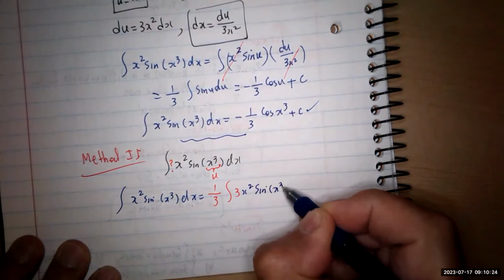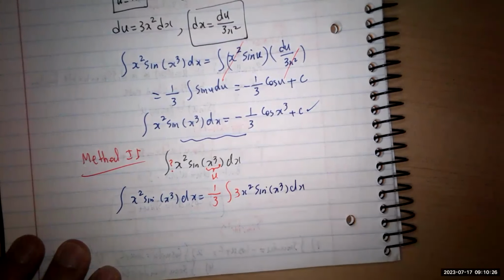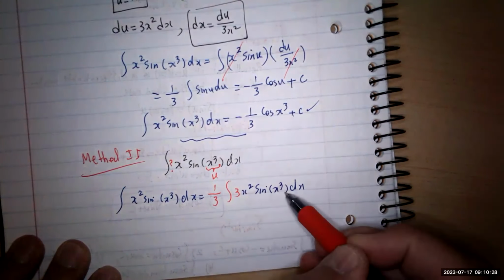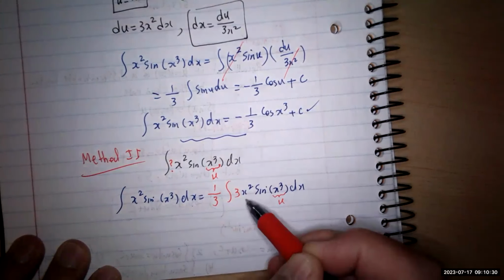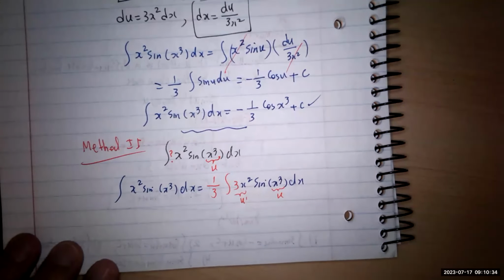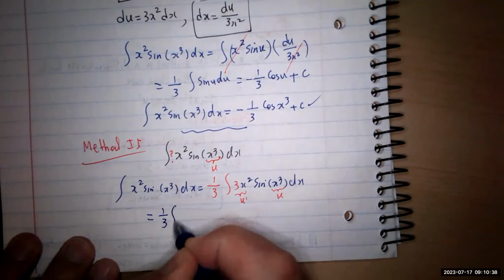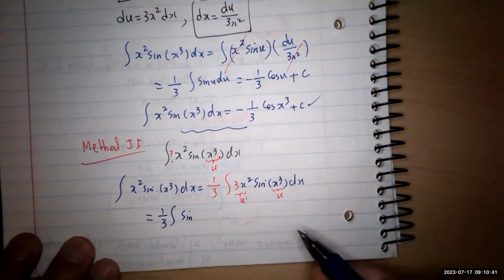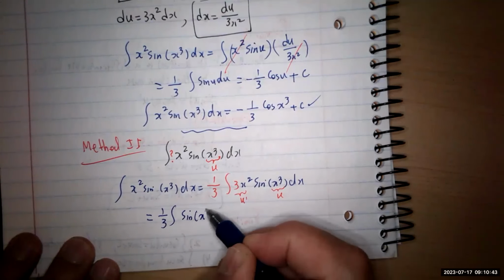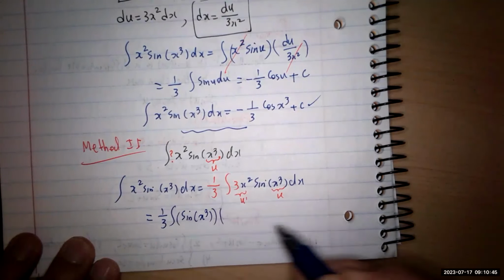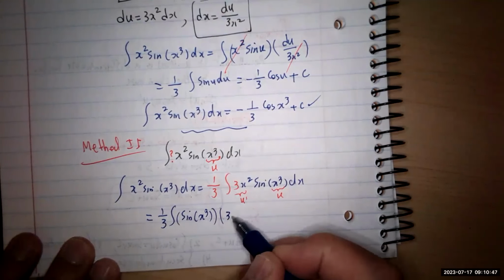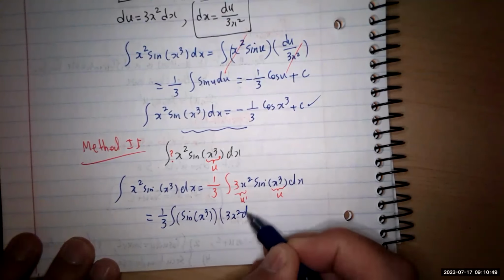Now you have sine of x cubed dx. You see this is u, and this is u prime, so pair the u prime and the dx together. That gives you 1/3 integral of sine of x cubed times 3x squared dx.